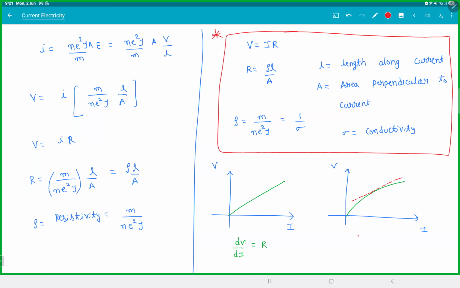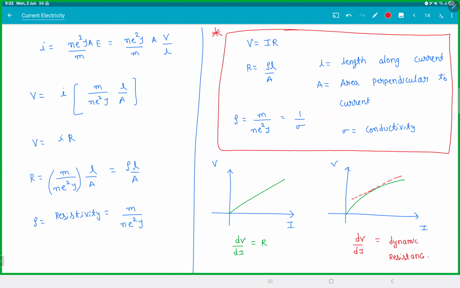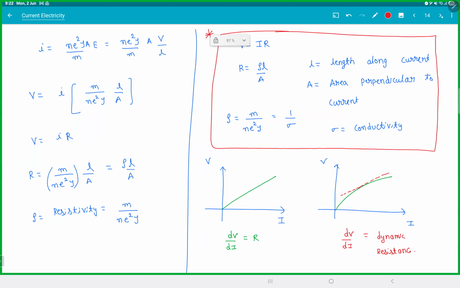So this is dV by dI, this is called dynamic resistance. You have a resistance which is changing with current. You do find such stuff. So materials which obey Ohm's law are called ohmic conductors. Not everything obeys V is equal to IR.